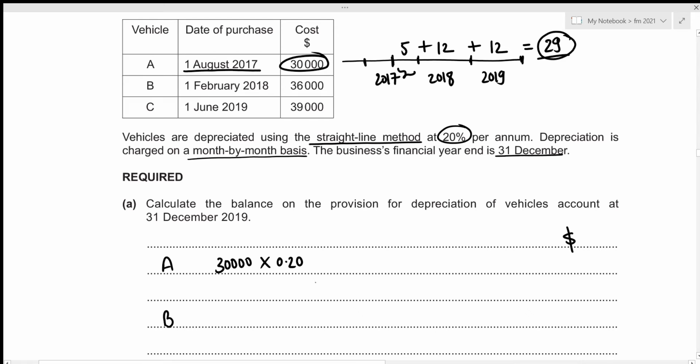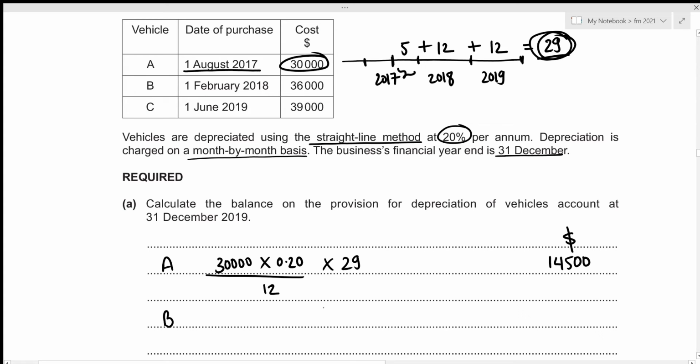And in order to figure out the monthly depreciation, we just need to divide it by 12 because if this is the charge for 12 months, then dividing it by 12 will get us the charge for 1 month. Then we can multiply it with the total number of months, that's 29. So times 29. And this gives the provision for depreciation for vehicle A to have the amount of 30,000 times 0.20 times 29 divided by 12, which is 14,500.